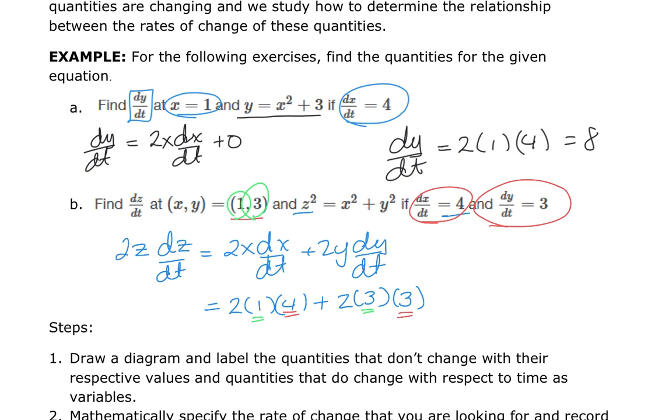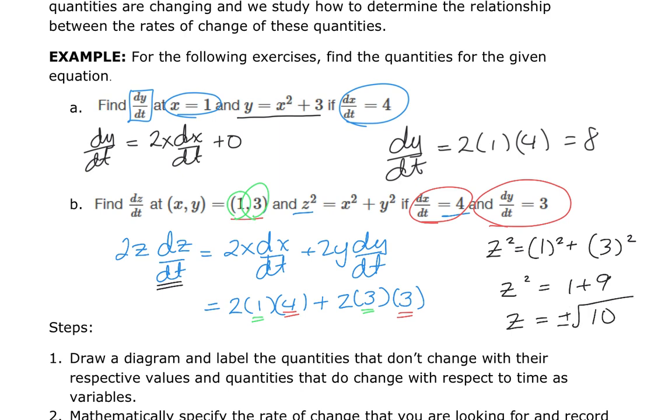I am trying to find dz dt, but I have to find z because I need 2 times z. To find z, I know that z squared is going to be my x squared value plus my y squared value, my y squared being 9. That means z squared must be equal to 1 plus 9, so then z must be plus and minus the square root of 10.